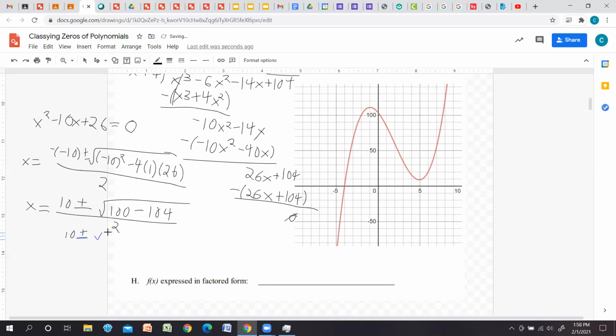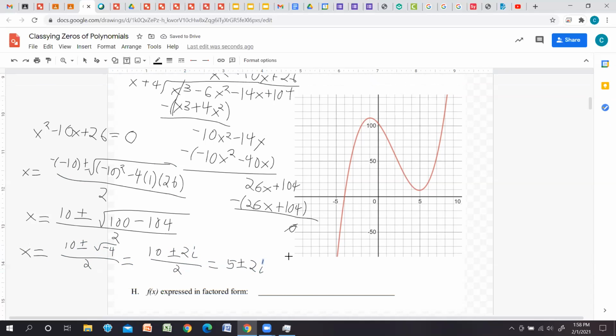We know the square root of negative 4 is 2i. So 10 plus or minus 2i divided by 2. Remember, we have to distribute the 2. Division is distributive over addition. We get 5 plus or minus 2i. So those are our other two zeros.